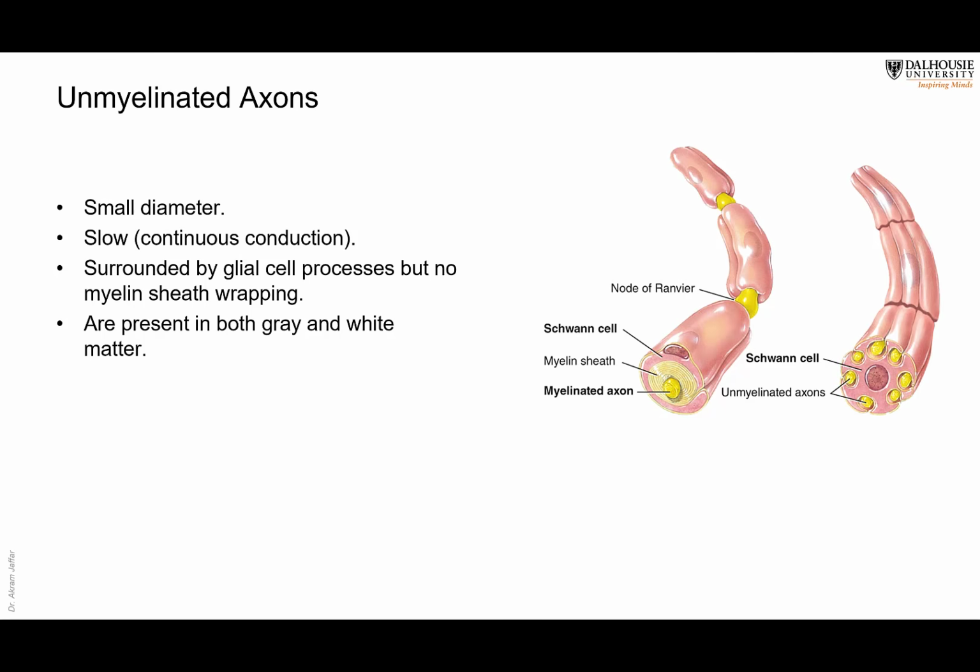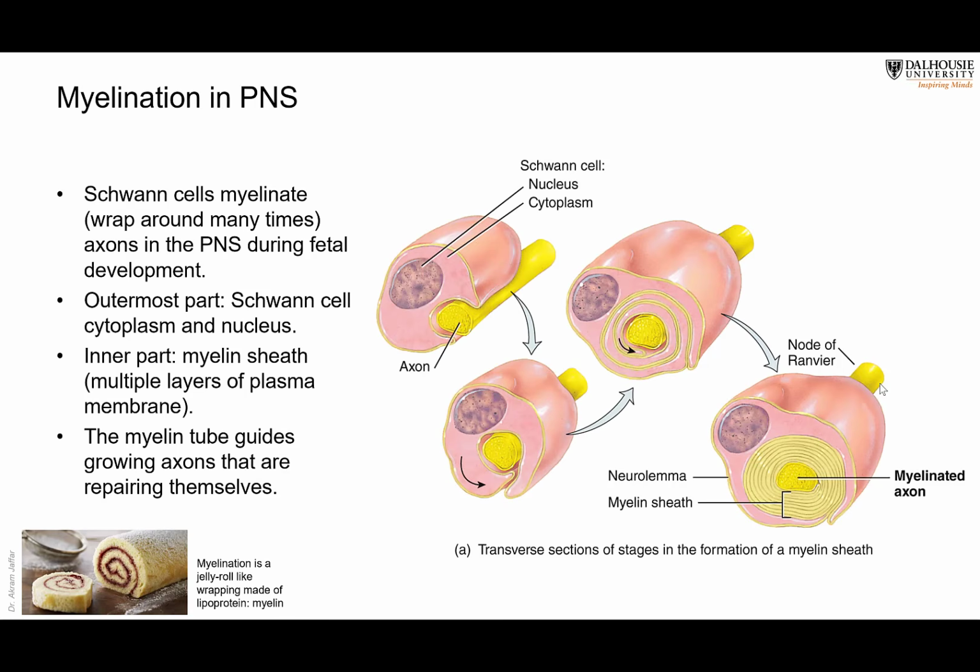And the impulse can pass continuously along the surface, the cell membrane of the axon. So it's the same thing in the central nervous system: the unmyelinated axons are just touched or hugged or covered, not wrapped, by the processes of oligodendrocytes instead of Schwann cells in the peripheral nervous system.